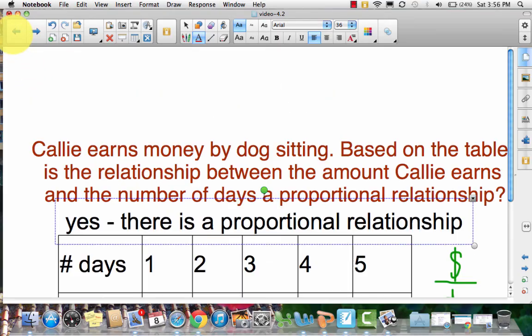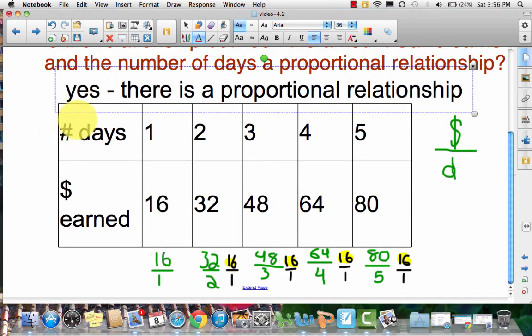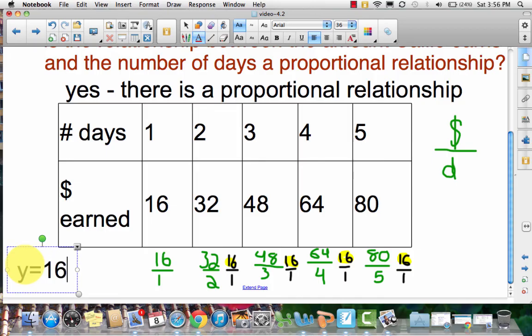So if I come back to my first example, when we looked at Callie and how much money she earned, my constant unit rate was $16 per day. So I could say y equals 16x. My constant would be 16 because that's her daily fee. And this tells me that x is how many days Callie works for, and y is how much she earns.